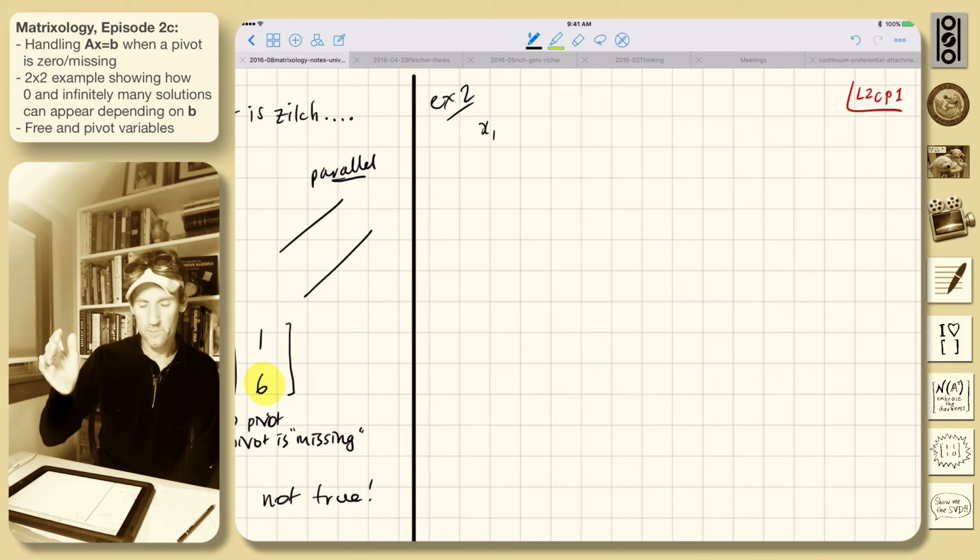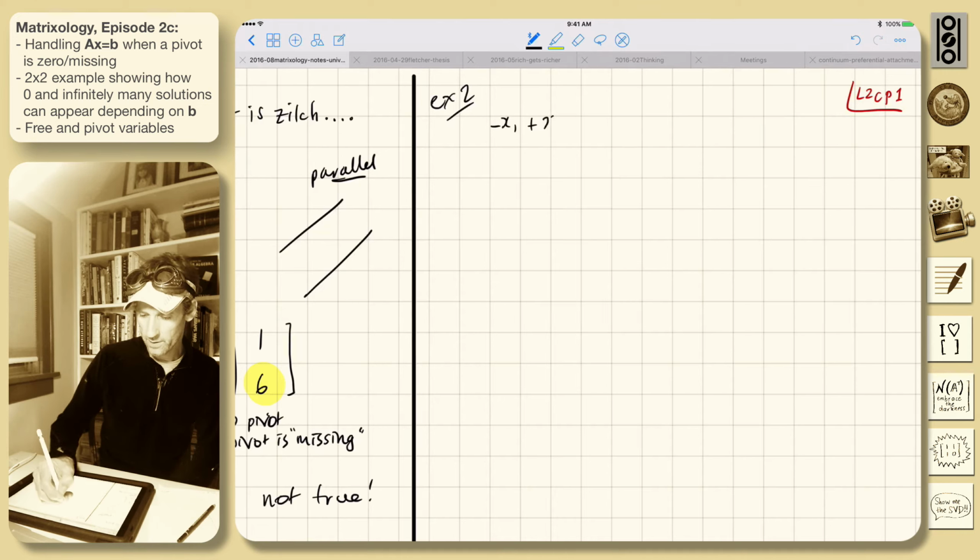I'll do the same format. Minus x1 plus x2 equals 1, and 2x1 minus 2x2 equals minus 2.